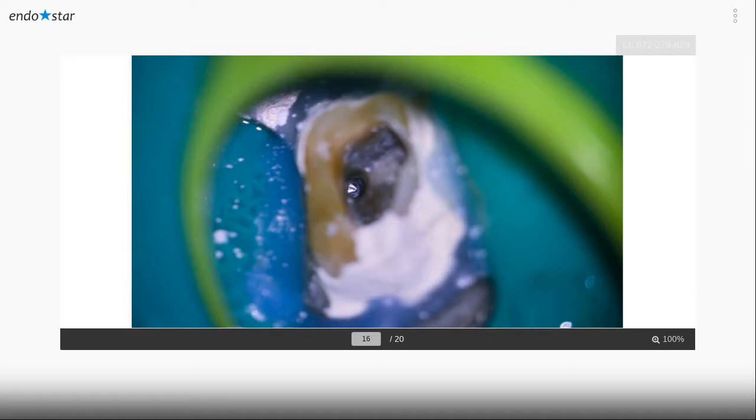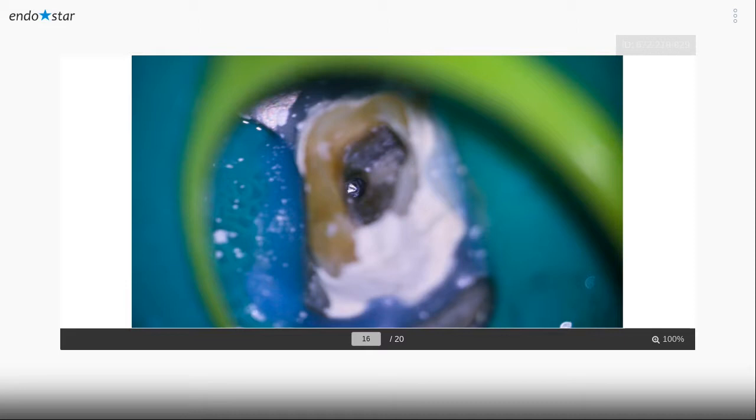And this is the big fragment that we were able to see in the initial radiograph. With these big fragments, when the file is strongly attached to the root canal walls, it's complicated. It's a complex process to get that file dislodged from inside the root canal system.